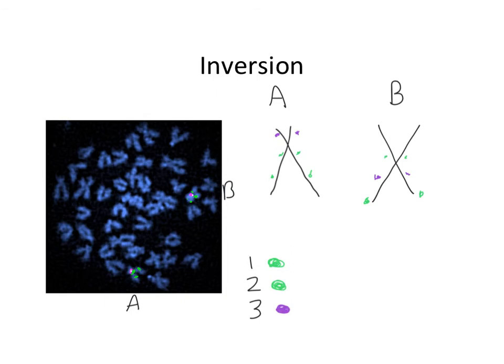And what this likely means in this instance is that what used to be chromosome A broke here, where I'm showing this red line, and flipped upside down, and then reconnected to produce a chromosome that looks like chromosome B. In sum, if you have 3 probes and their order appears to change on multiple chromosomes, that can be indicative of inversions.